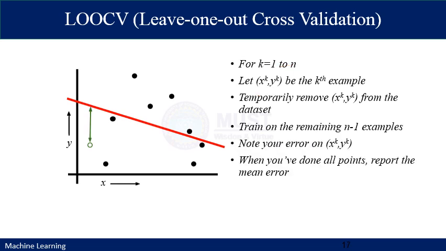And once you have trained the model onto the remaining examples, then you note the error onto this particular removed example. And when you are done with all points, you report the mean error, and the model with the lowest mean error will be the optimal choice model.